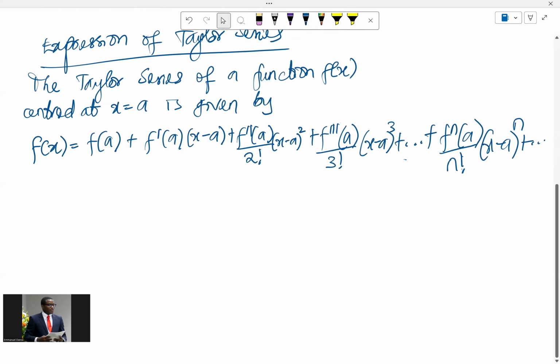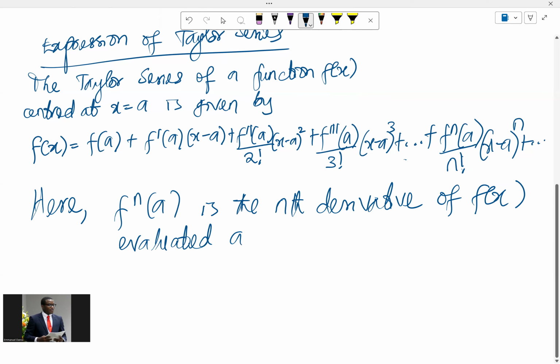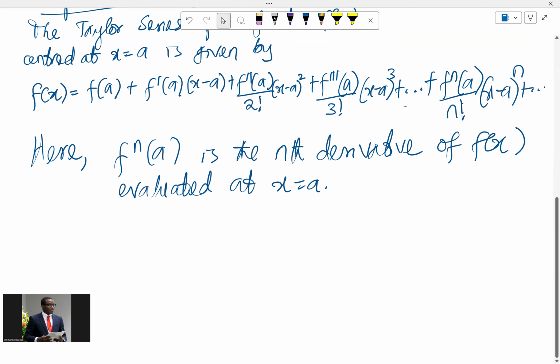So you can see that here, f^(n) of A is the nth derivative, whatever n is, maybe second derivative, third, fourth, fifth, and so on, of f of x evaluated at x equals A. That's the first thing.